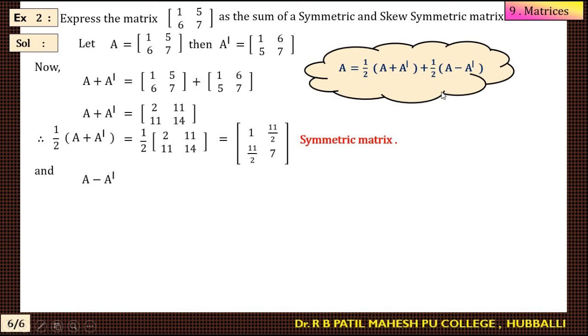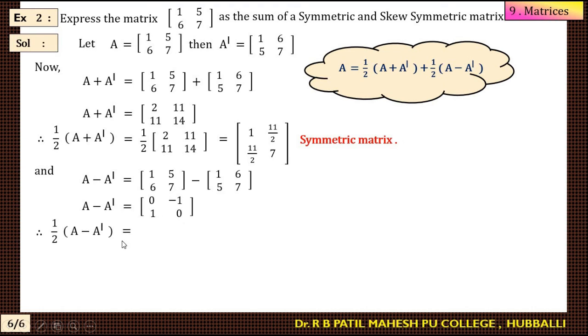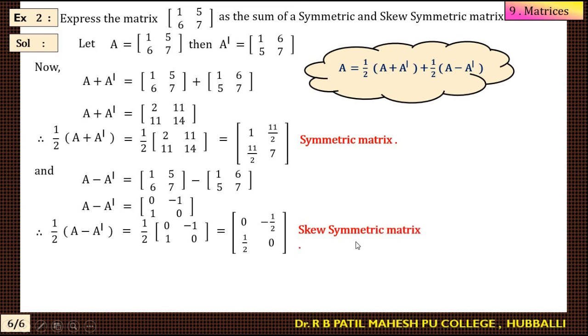Now similarly, the second term, that is A minus A dash, is equal to A matrix minus A dash. Subtracting, you will get [0 -1; 1 0]. Therefore half into (A minus A dash) means divide by 2: 0 divided by 2 means 0, minus 1 by 2, plus 1 by 2, 0, which is a skew symmetric matrix.